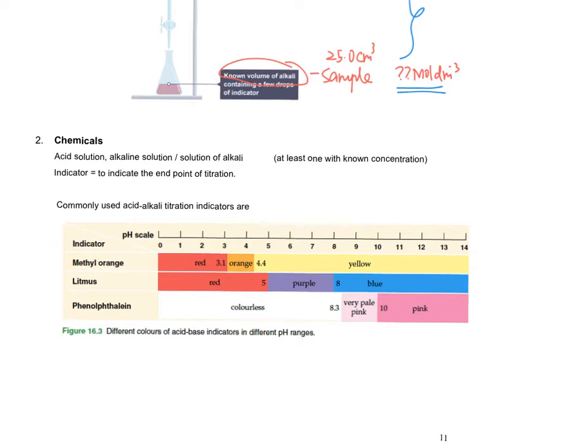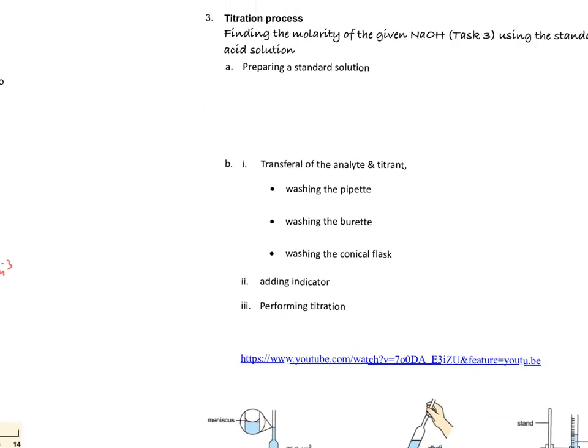Also, you need to remember the pH at which the indicator changes color. I have mentioned earlier that litmus is not a common indicator used in titration because the color change from red to purple then to blue is not sharp enough.